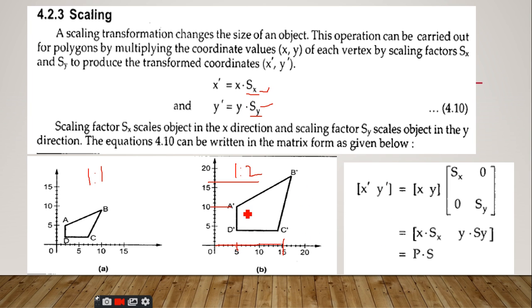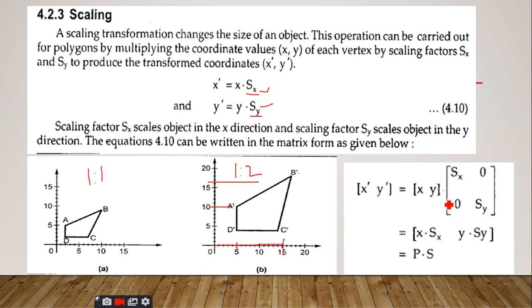Similarly, we find x dash and y dash for a given scaling transformation. X dash and y dash is equal to the x y matrix into the matrix sx 0, 0 sy.